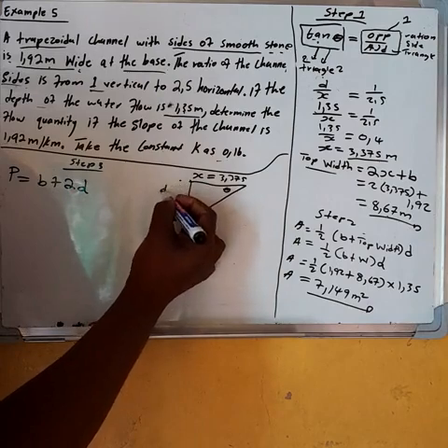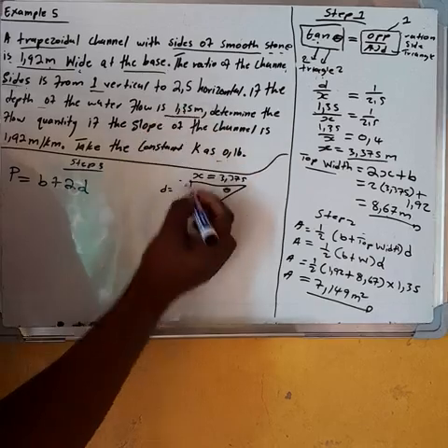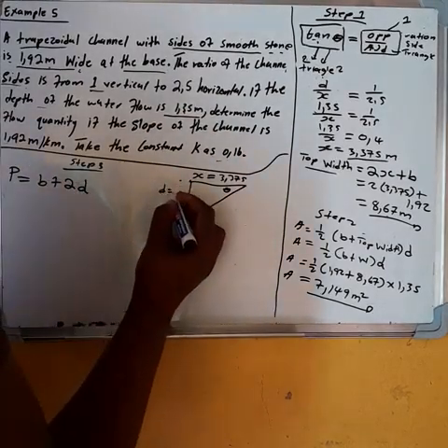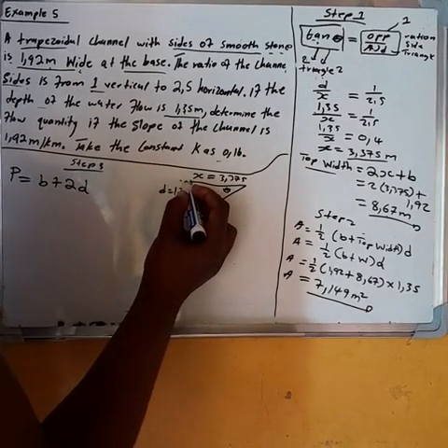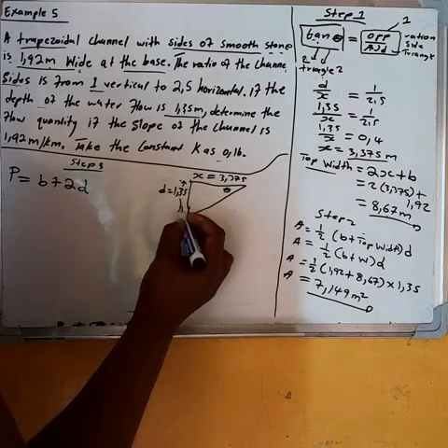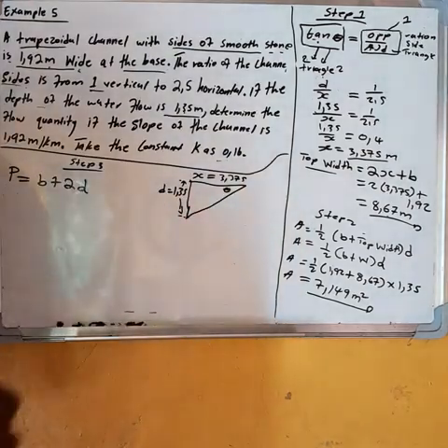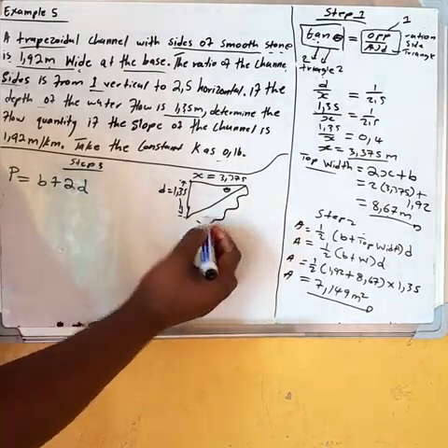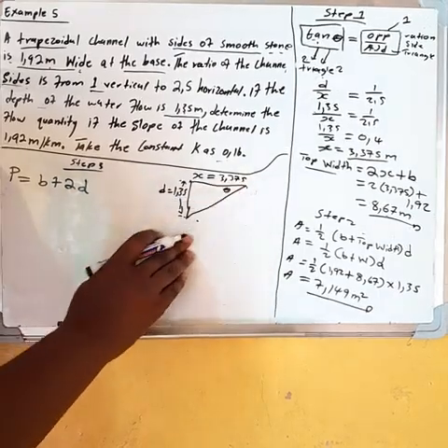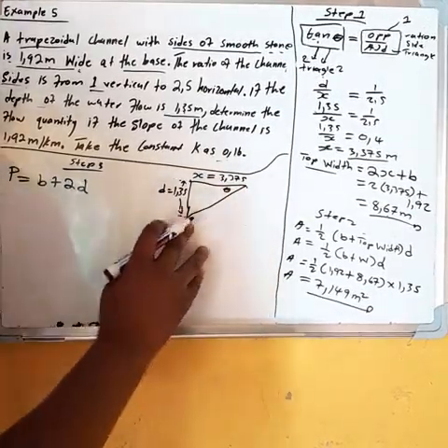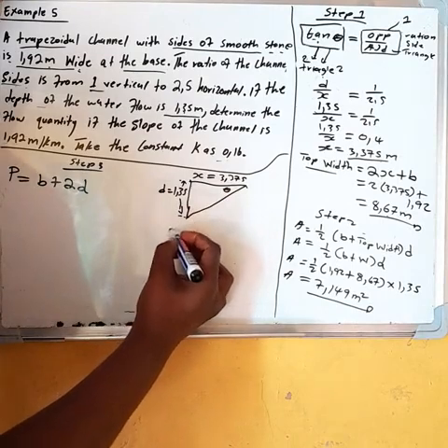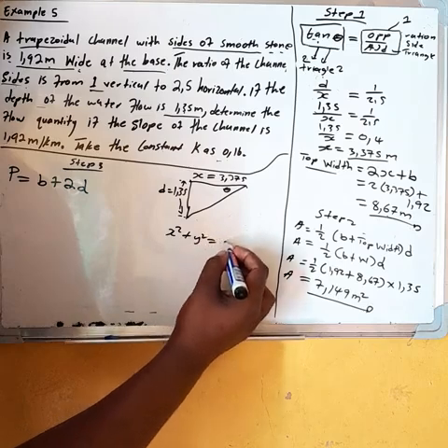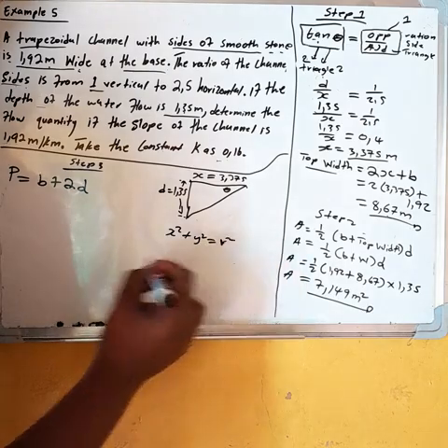The depth d was 1,35, the distance from here until there. Then we want this side, the hypotenuse. Pythagoras theorem states that x squared plus y squared is equal to r squared.